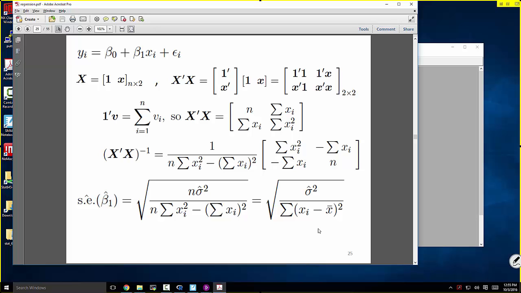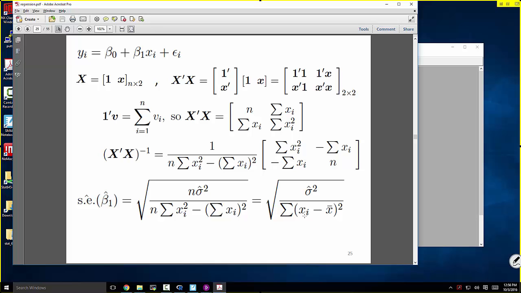Let me just comment on one thing from this expression. What this says down at the bottom of the slide, the standard deviation of beta 1 hat is equal to, so it has sigma hat squared in the numerator, and it has this thing in the denominator. And last time or a time before, we said this expression in the denominator is basically an unscaled variance of the x's.